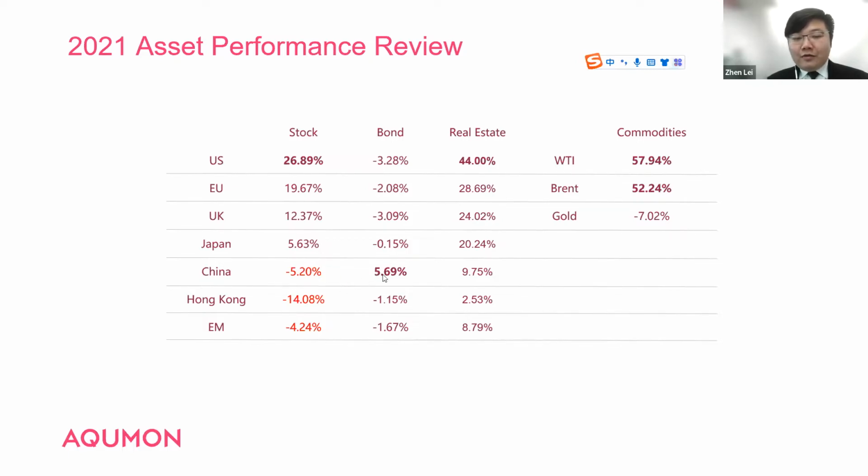However, for China, as we mentioned before, the Chinese 10-year Treasury bond yield went down significantly. Therefore, the bond market went up. So that's the asset performance review for 2021.